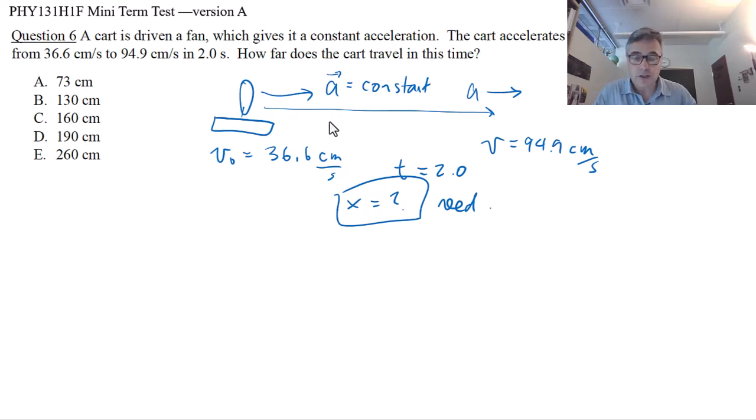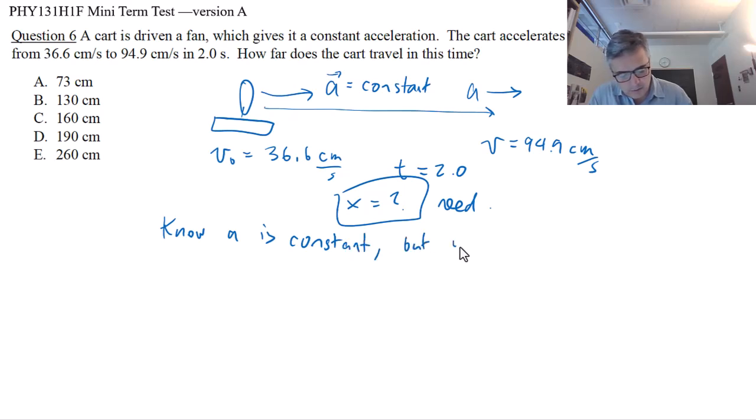If we look at our equations of constant acceleration, look at what we don't seem to care about here. We need the distance traveled. And what's weird here is we know that a is constant, but we don't care what it is.